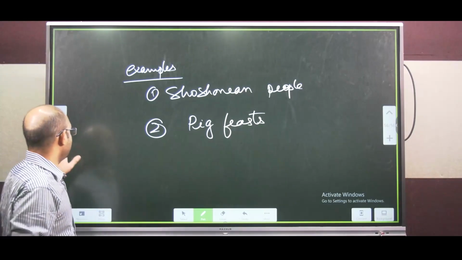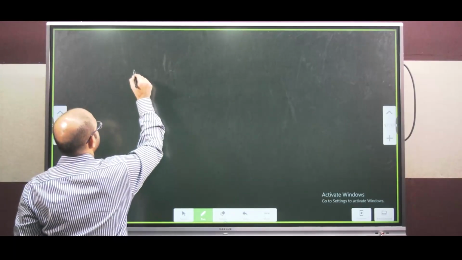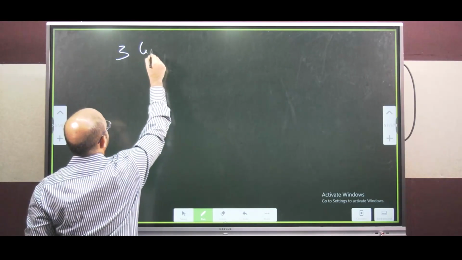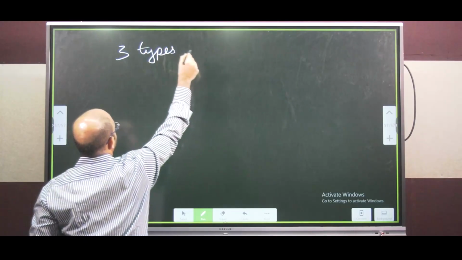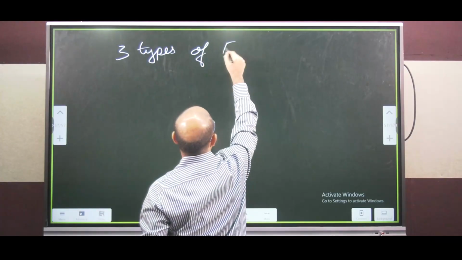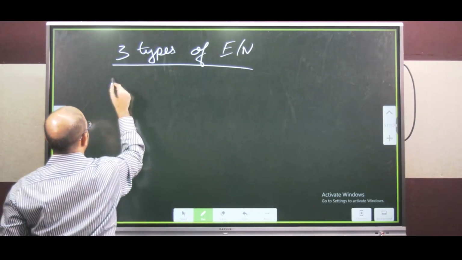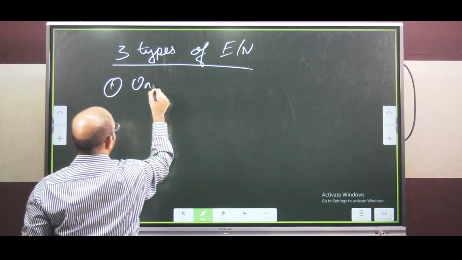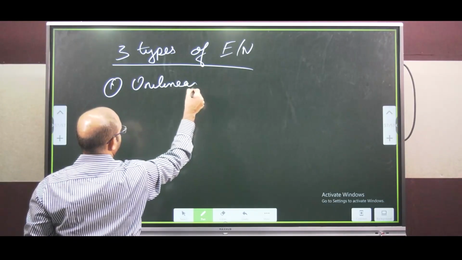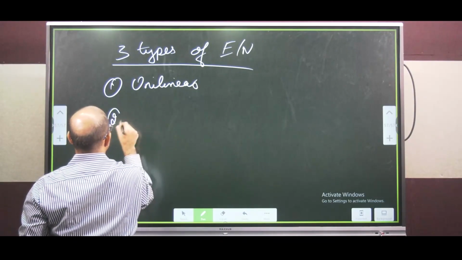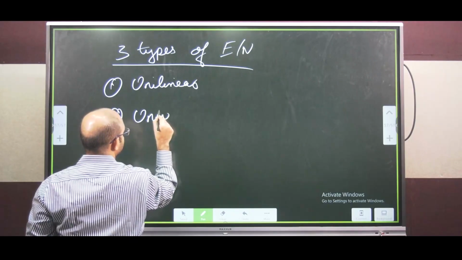And then based on the cultural ecological approach, he says there are three types of evolution. First is called unilinear evolution. Second is called universal evolution.